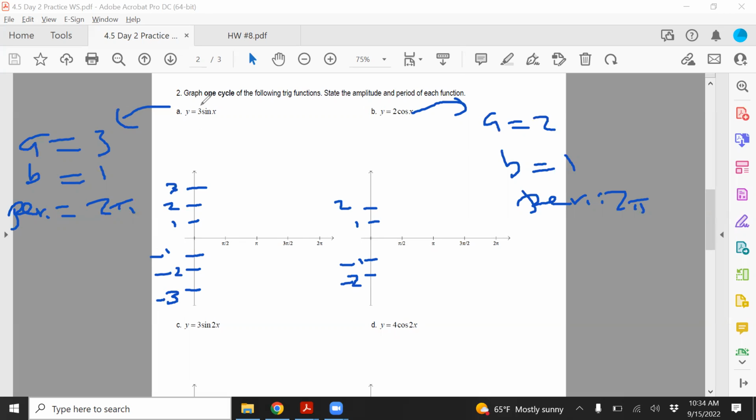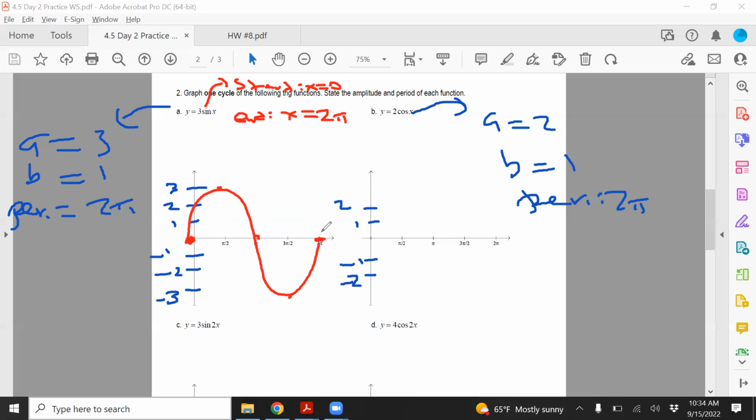Okay, sine. We're going to start at x equals 0. Start here at the origin, end here at the x-axis: high, middle, low.